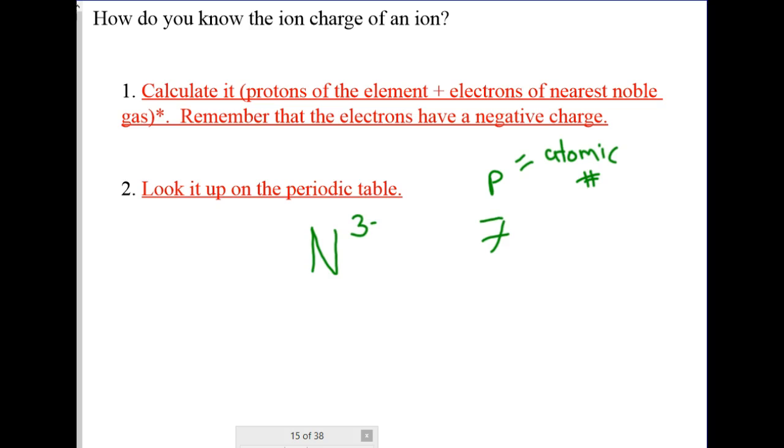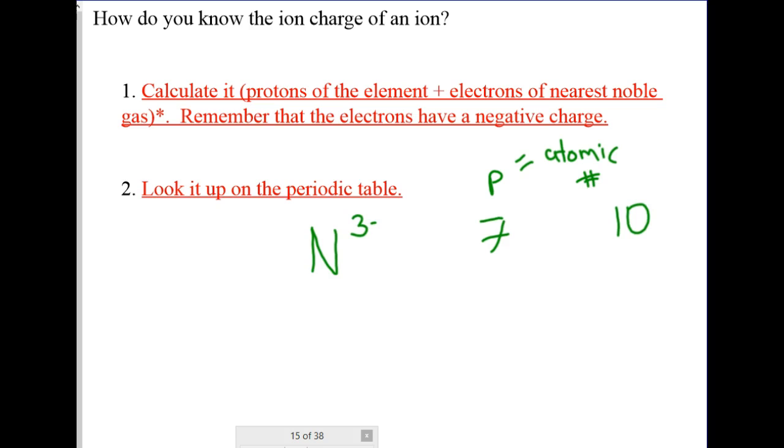Next question. How many electrons does it have? Does nitride have 4 electrons, or does it have 10 electrons? 10 electrons. It needs to be a negative.